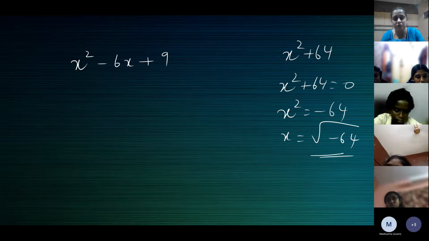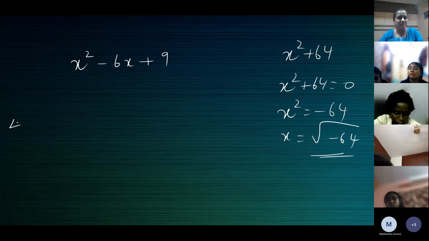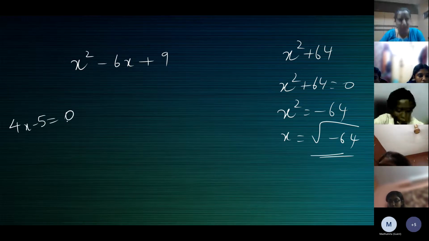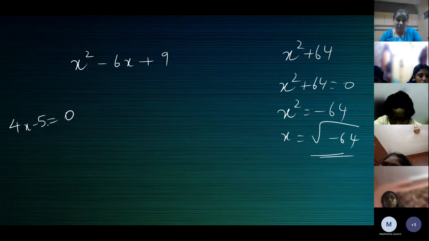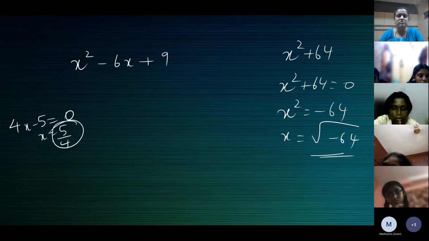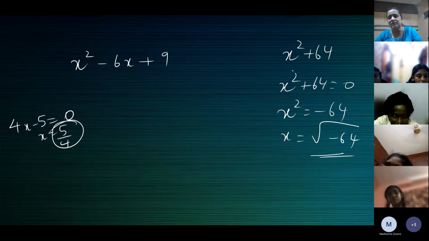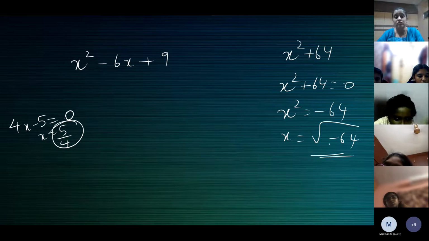How do we find the zeros? When it was a linear polynomial, 4x minus 5, I think was the example, how to find the zero? We'll have to equate the polynomial to 0. And on solving, we got x is equal to 5 by 4. And we concluded that 5 by 4 is the zero of 4x minus 5. So in the next example, when you equate it to 0, you get x squared is equal to minus 64, so x is equal to square root of minus 64.